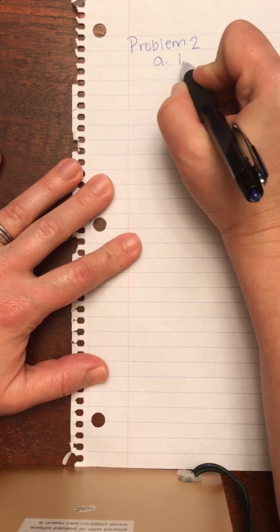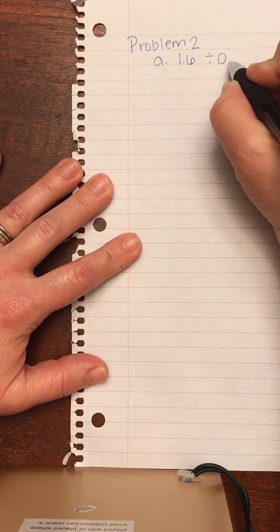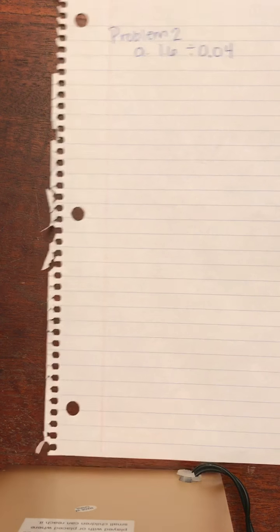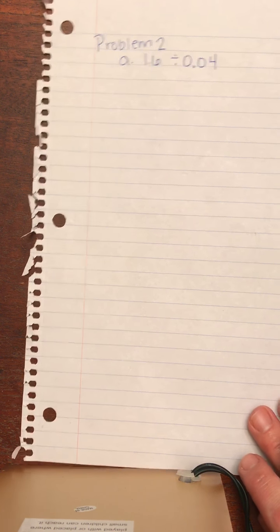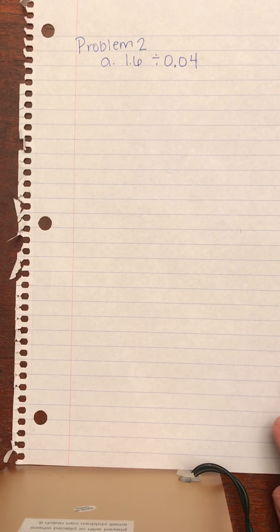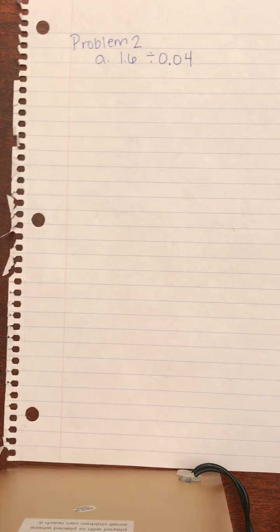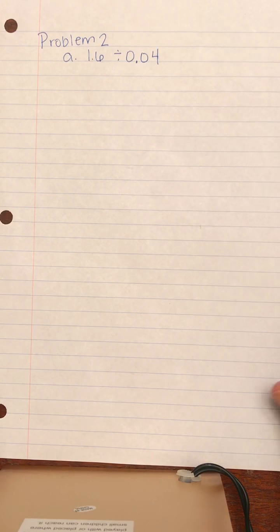And letter A is going to be 1 and 6 tenths divided by 4 hundredths. We're in the hundredths place value now. So I want you to take just a second here and think about using what we just used in problem A. How might we attack problem set 2 here?